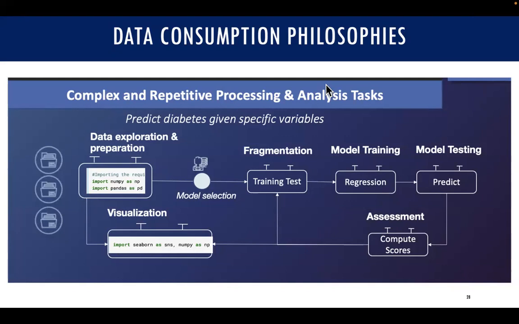We have these observations. And now we want, using this data set, to predict diabetes, given these specific variables.